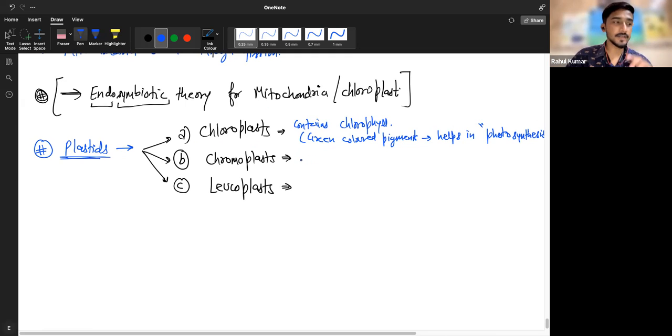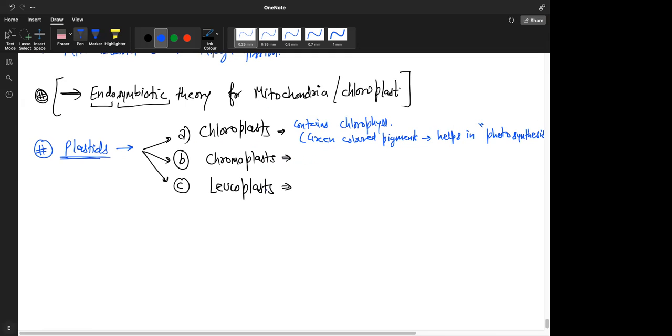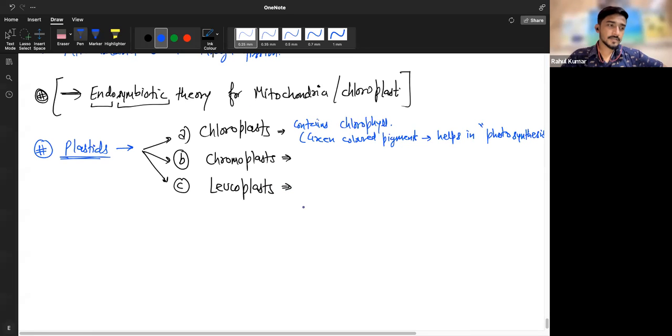Coming to chromoplast, write down. Chromoplasts. Or let me first give you a brief, then I'll dictate. Chromoplasts contain pigments like carotenoid. You know where this is present?